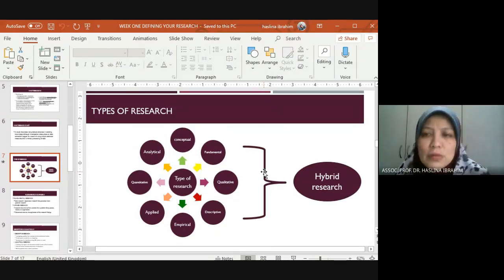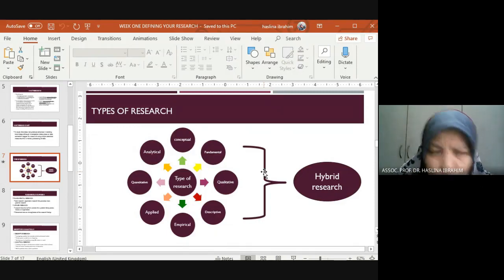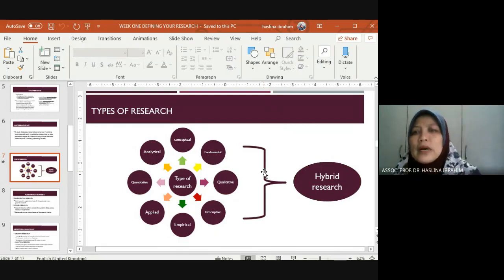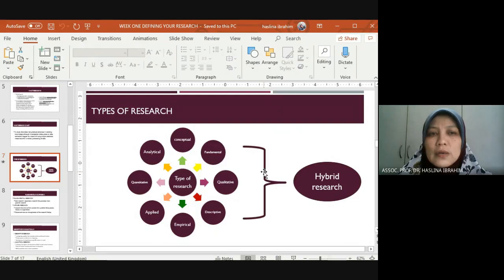Some books have fewer types, incorporating, for example, conceptual and fundamental, but I think the best, in my opinion, is these eight. So, what do these 8 types of research mean?